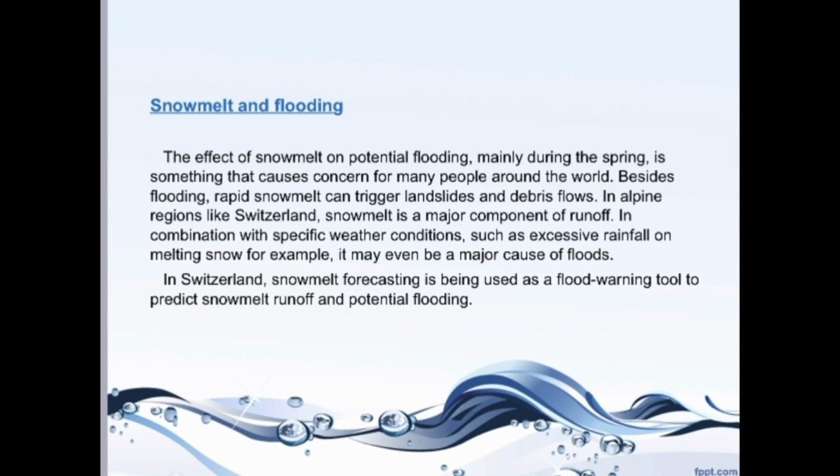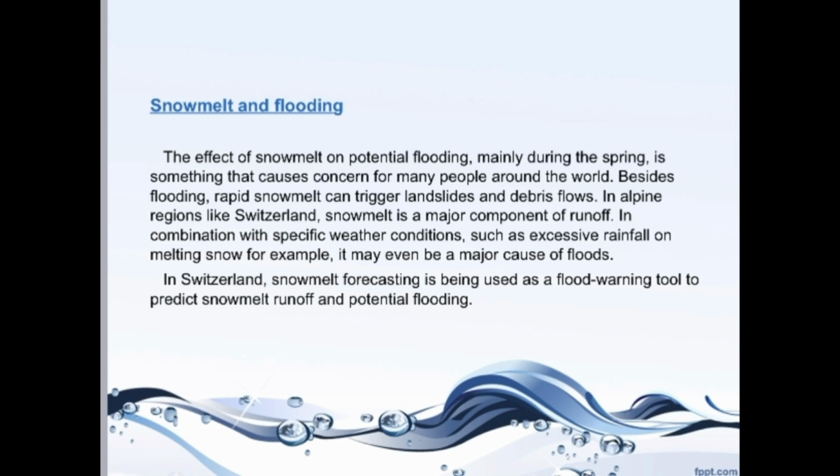So next, let's talk about snowmelt and flooding. The effects of snowmelt on potential flooding, mainly during the spring, is something that causes concern for many people around the world. Besides flooding, rapid snowmelt can trigger landslides and debris flows.